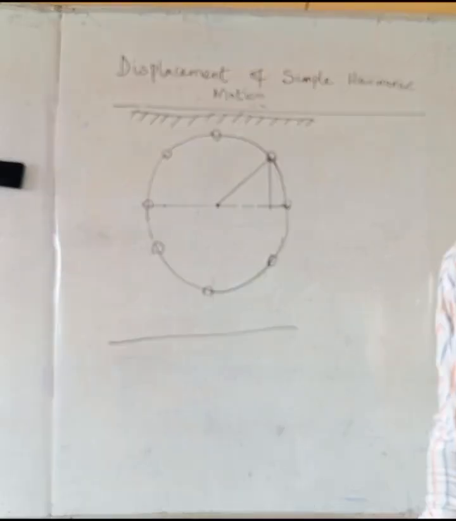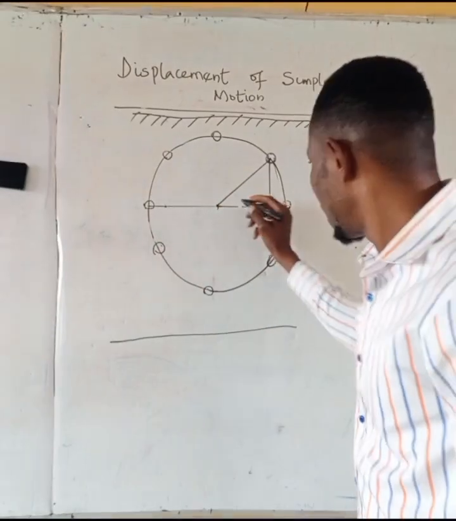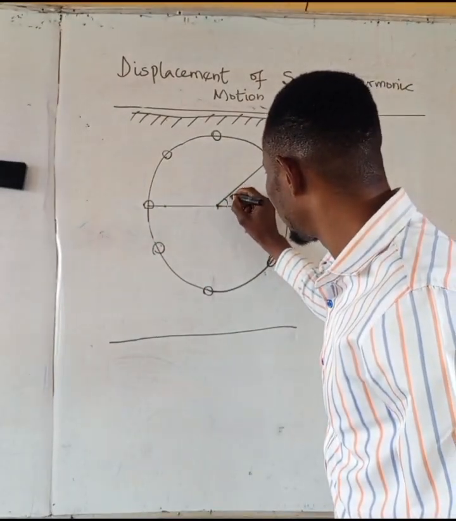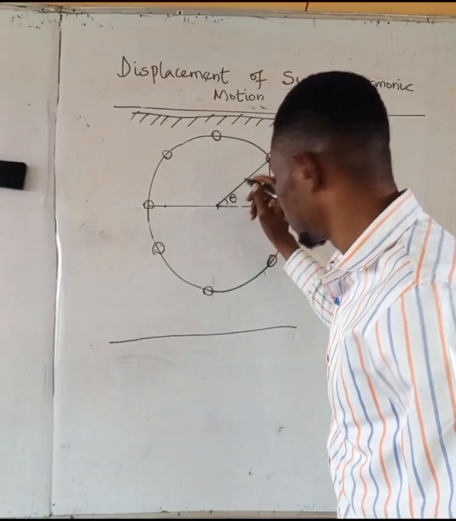At that time, this object would have swept through an angle which is equal to theta.